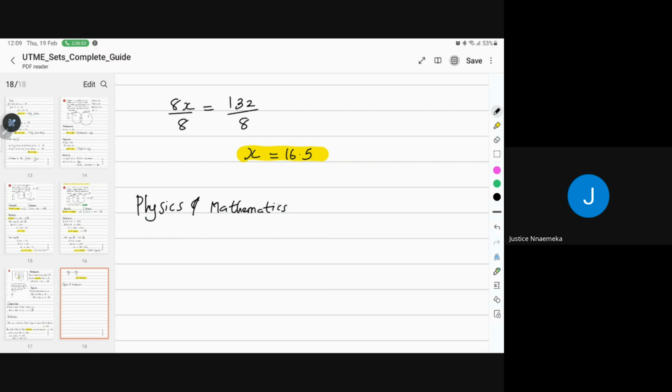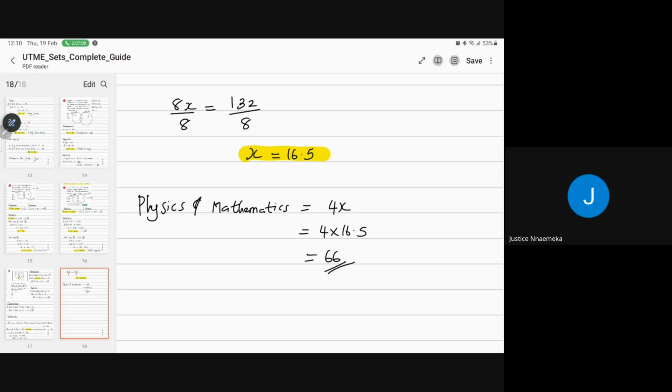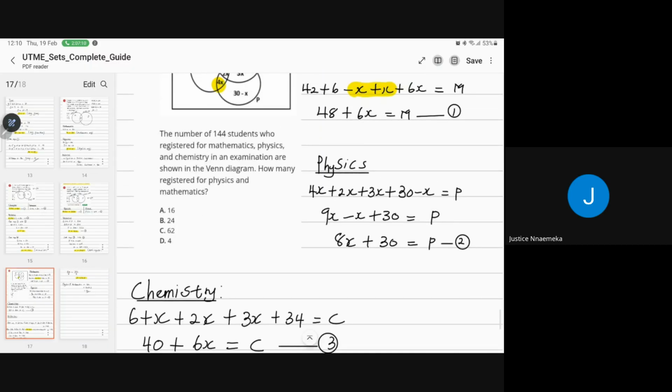Physics and mathematics, which is equal to 4x. So that will give us 4 times 16.5, which is 66. So this is not the option, no? How many registered for physics and mathematics?